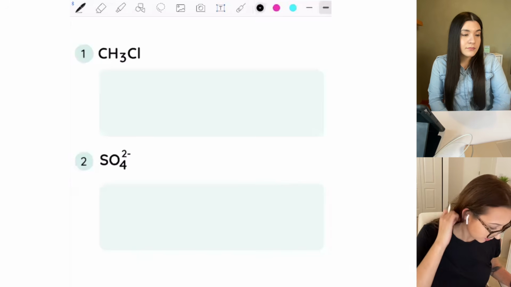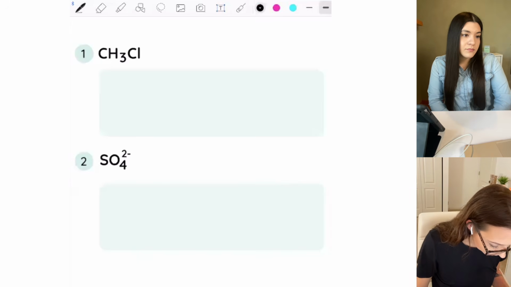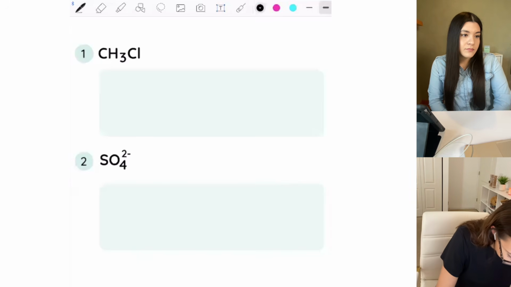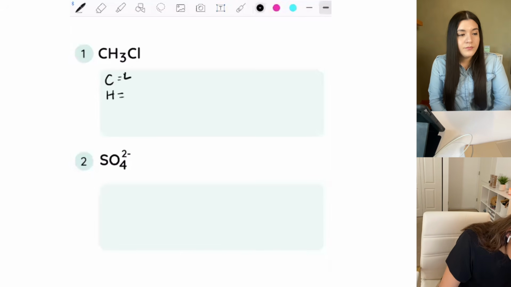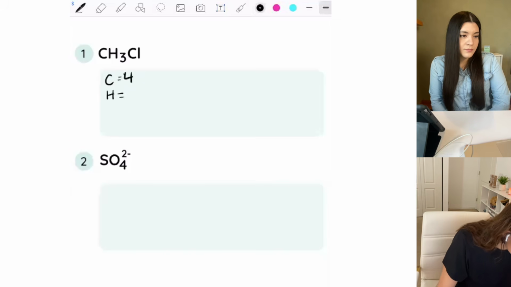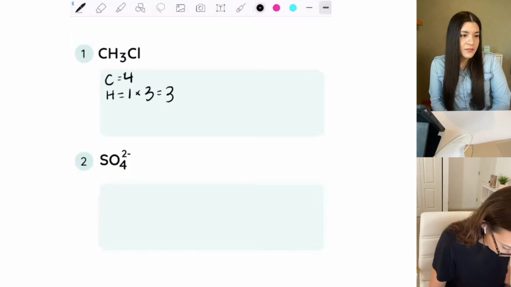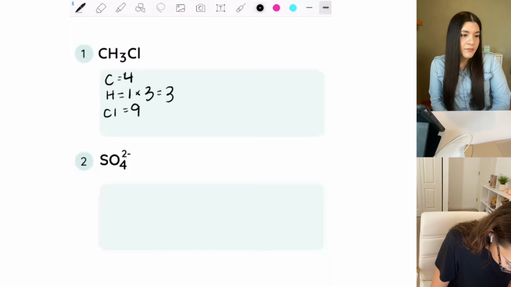Okay, so first we're going to look at this here, and we have to do the C and the H. Carbon has 4. Hydrogen has 1, but we have to multiply it by 3. Good. And then chlorine has... try that again.